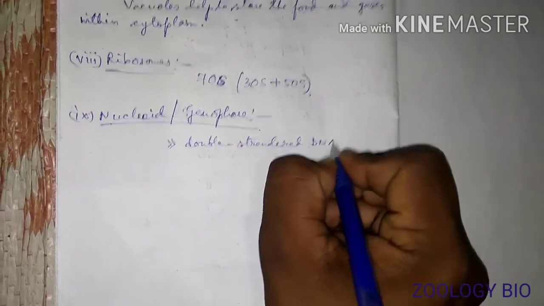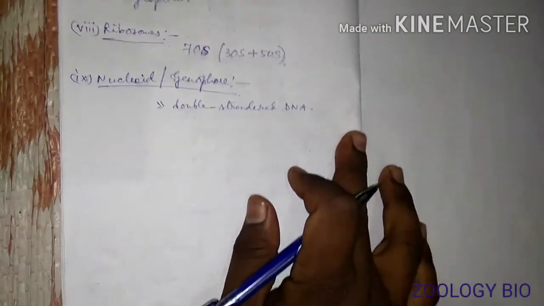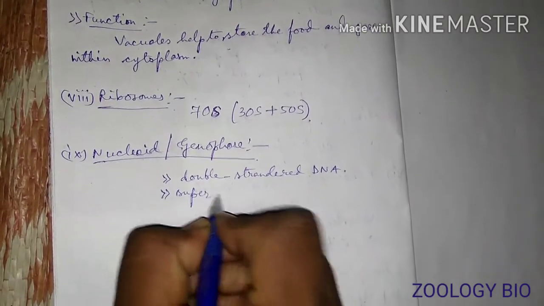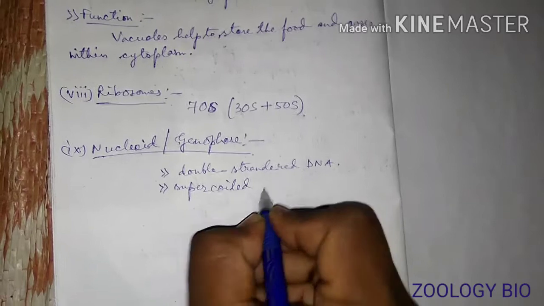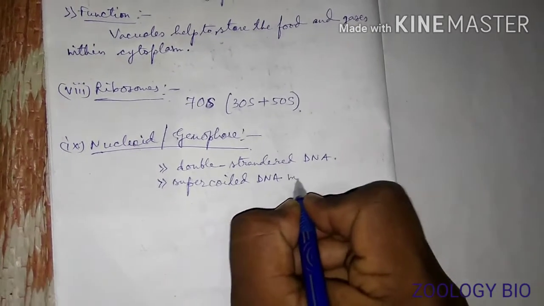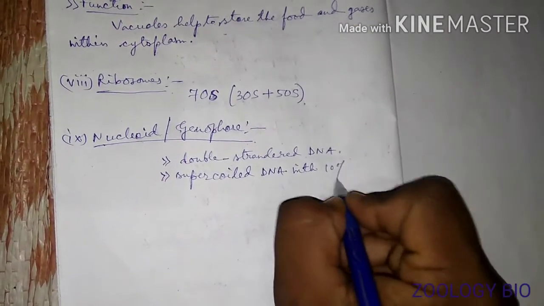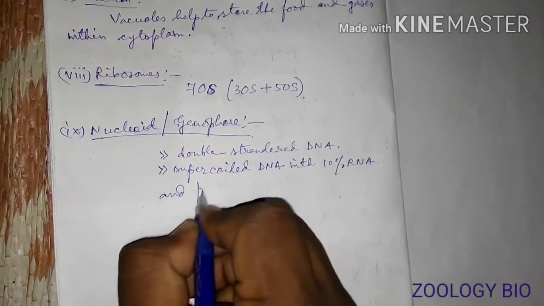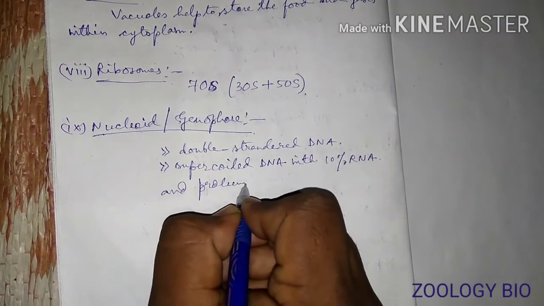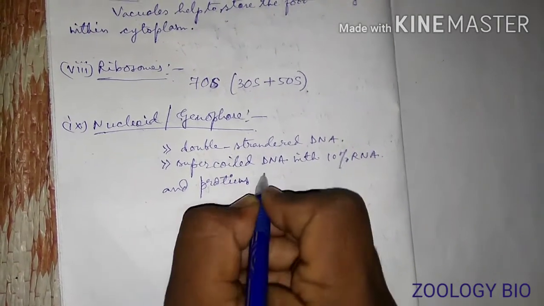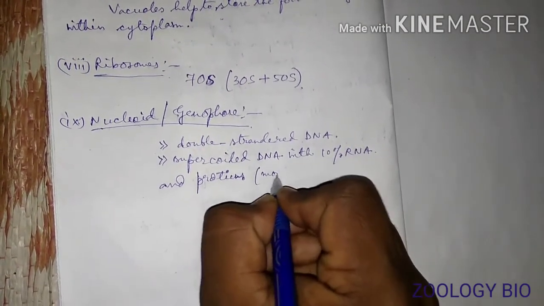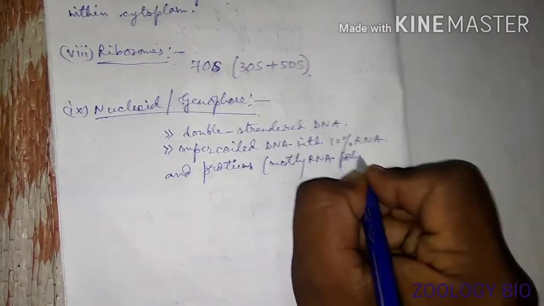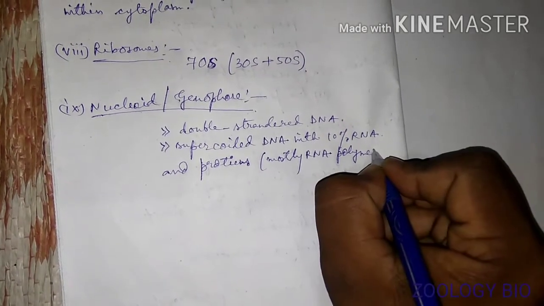Double-stranded supercoiled DNA with 10% RNA and proteins, mostly RNA polymerase.